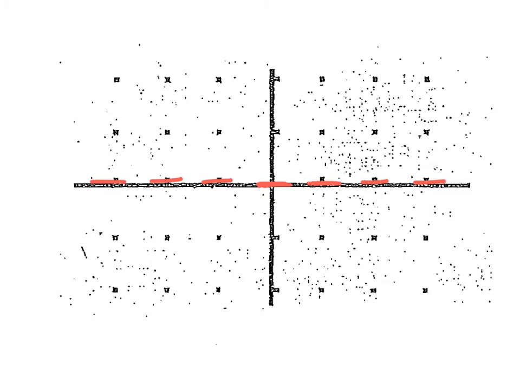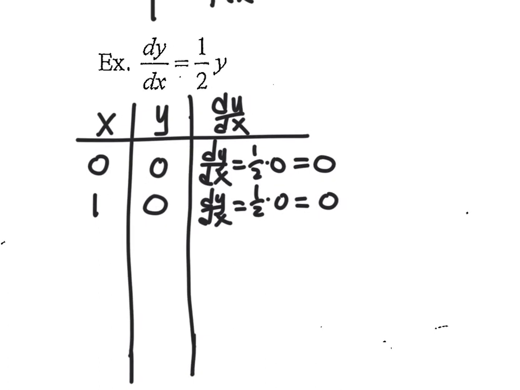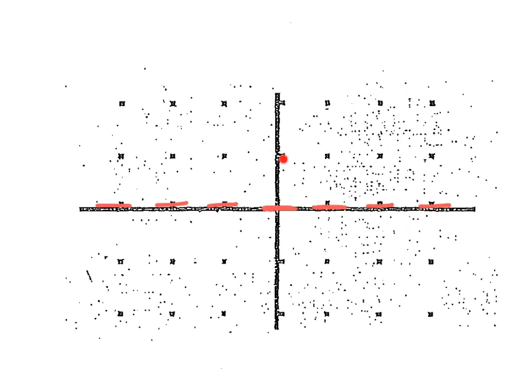And then let's try another point on this. Let's try and plug in the point, say, 0, 1. And let's see what happens with that. So then if I plug that in, I get dy/dx is equal to 1/2 times a y value of 1. And that's going to give me a slope of 1/2. So at the point 0, 1, at this point right here, I'm going to draw in a little slope of 1/2. So up 1 over 2.